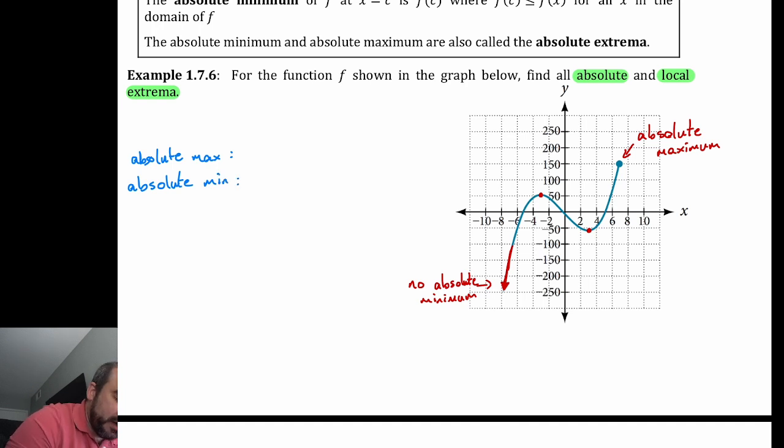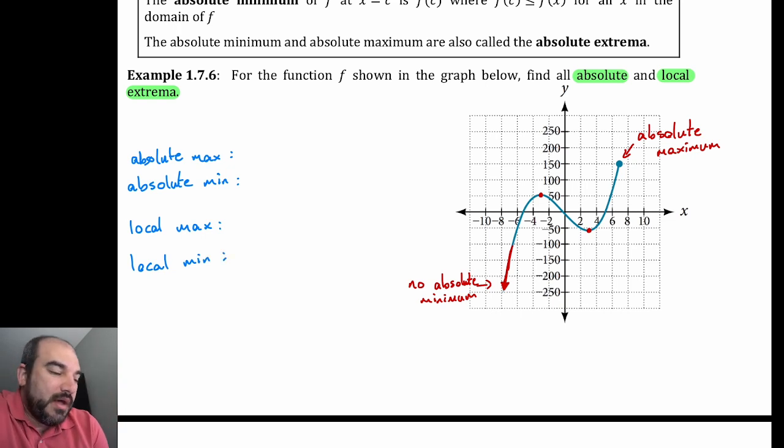We have to write down what it is, and then a local max and local min. We have to list them in our answer.